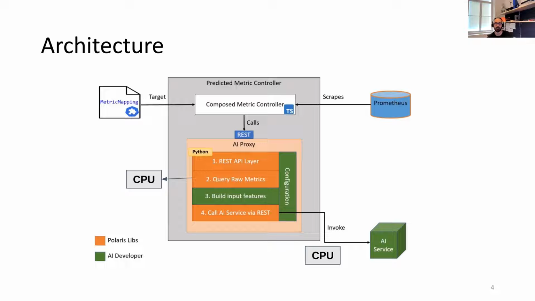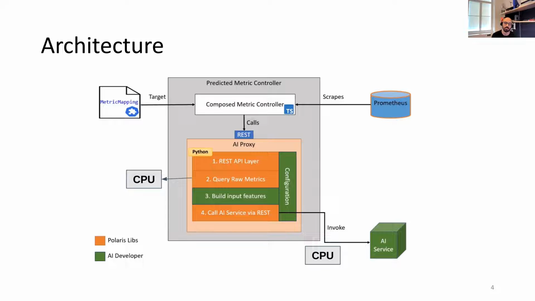The AI proxy exposes the REST API layer, then queries the raw metrics, for example from Prometheus, builds the input features, and then calls the AI service with the pre-processed input features to retrieve the prediction. The green parts in the AI proxy are developed by AI developers, meaning they do not have to know any infrastructure.